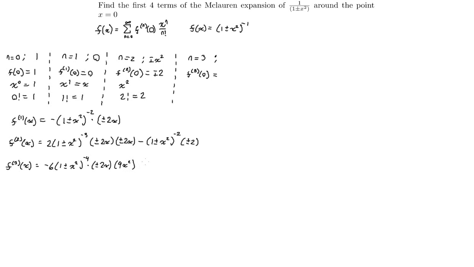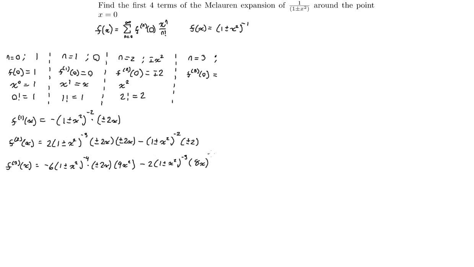And then we're going to have minus 2(1 + (-x^2))^(-3), and then that would be 8x. Yeah, so 8x. Okay, so now that takes care of this first term.